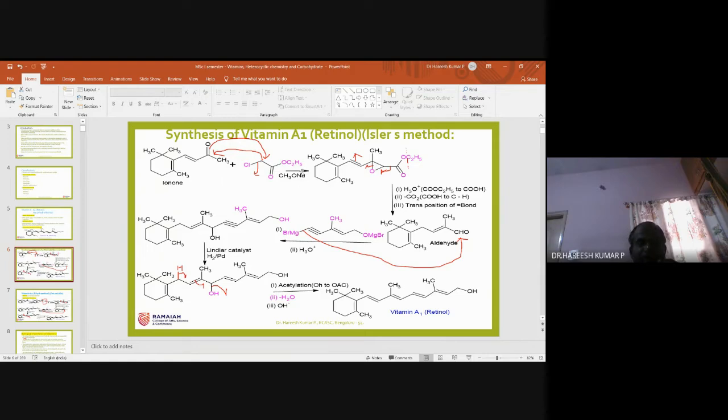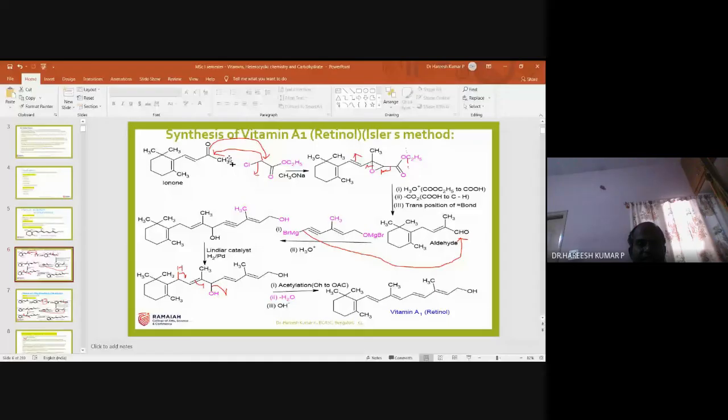How does the Darzens glycidic ester formation happen? It will react with a compound, an ester. This carbon is called the alpha carbon, so it is an alpha halo ester, when it is treated with a metal or base.